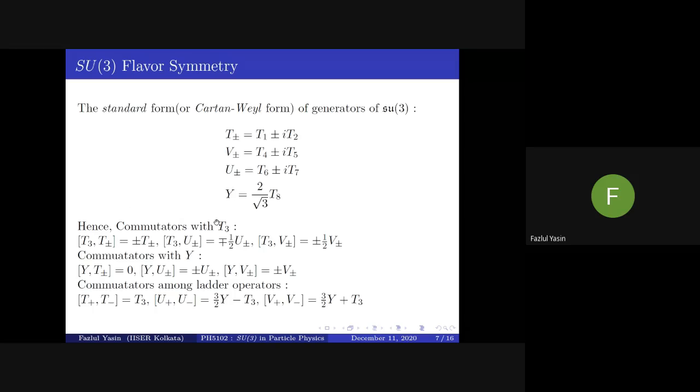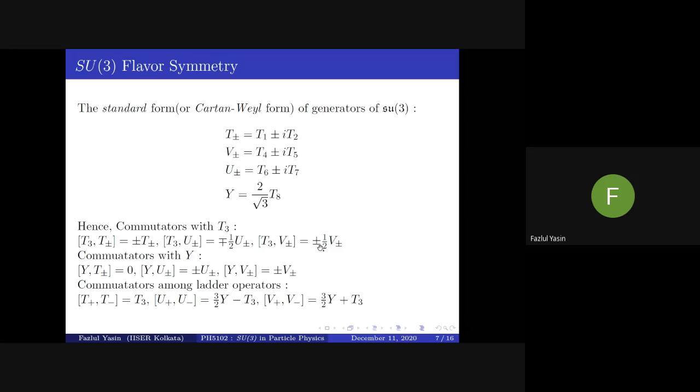Now, let's look at the different commutators involved here. With T3, we find T3 with T plus minus gives us plus minus T plus minus, which implies that T plus minus are eigenstates of adjoint of T3 with eigenvalues plus 1 and minus 1. Similarly, U plus and U minus are also the same, with eigenvalues minus plus half.